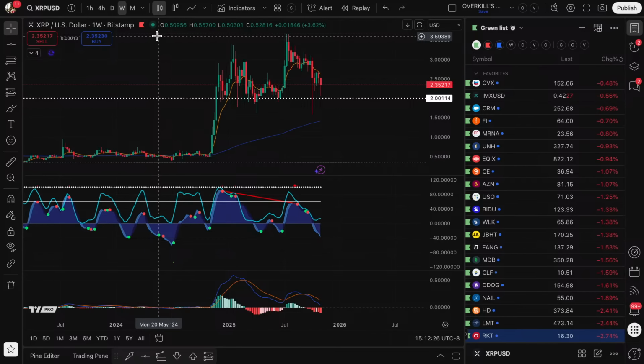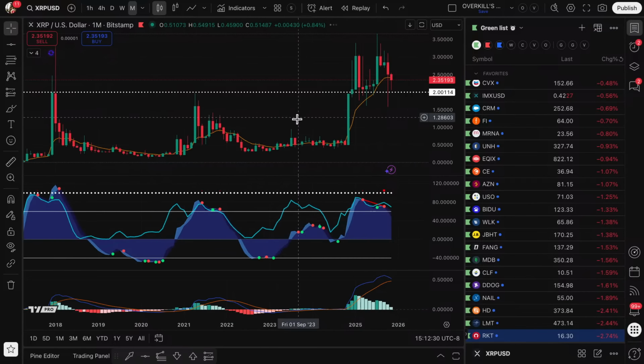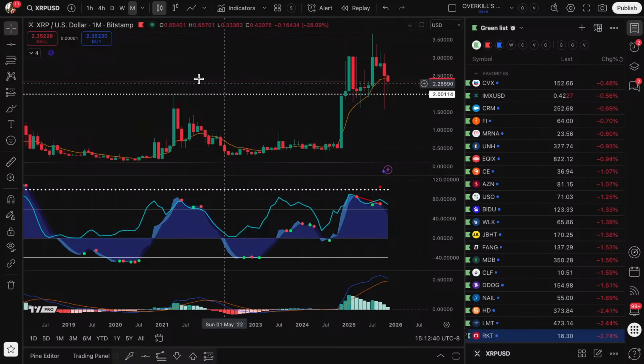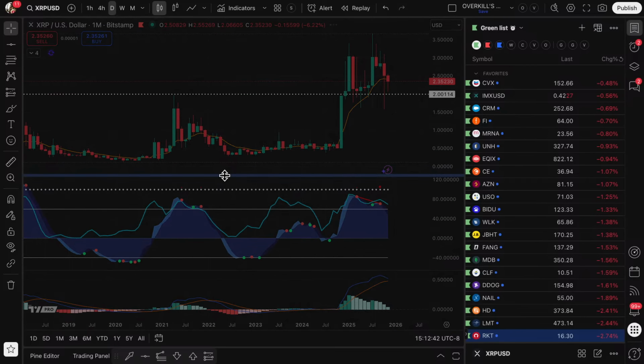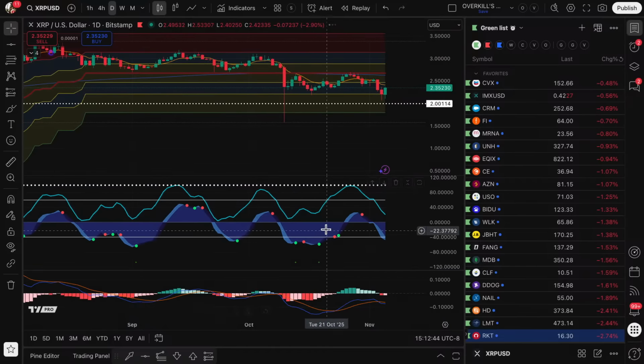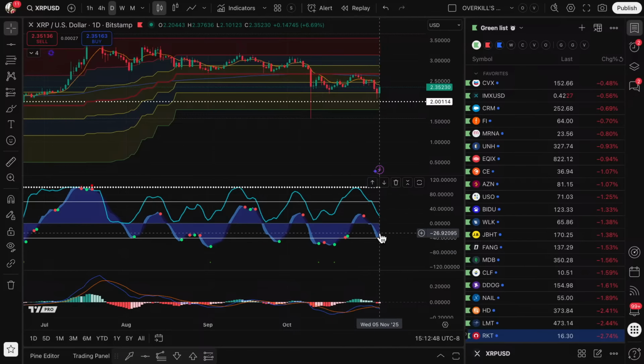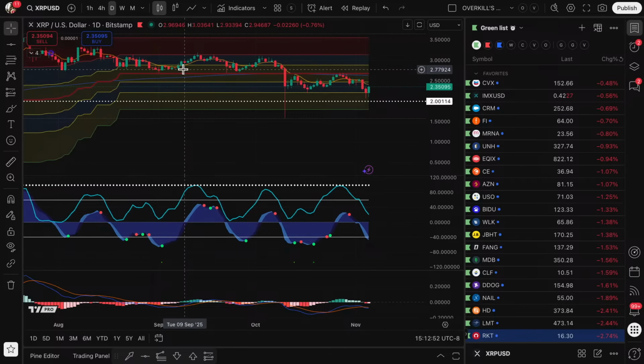Green dot on the monthly right there at 50 cents, in August. This thing went all the way up to 350. A beautiful trade there. As long as this one can hold 2, I think it looks good, but I would use a stop loss at $2 here. If this thing breaks to the upside, wonderful. What I'd be looking for is a green dot here above $2 on XRP. It needs to hold $2.